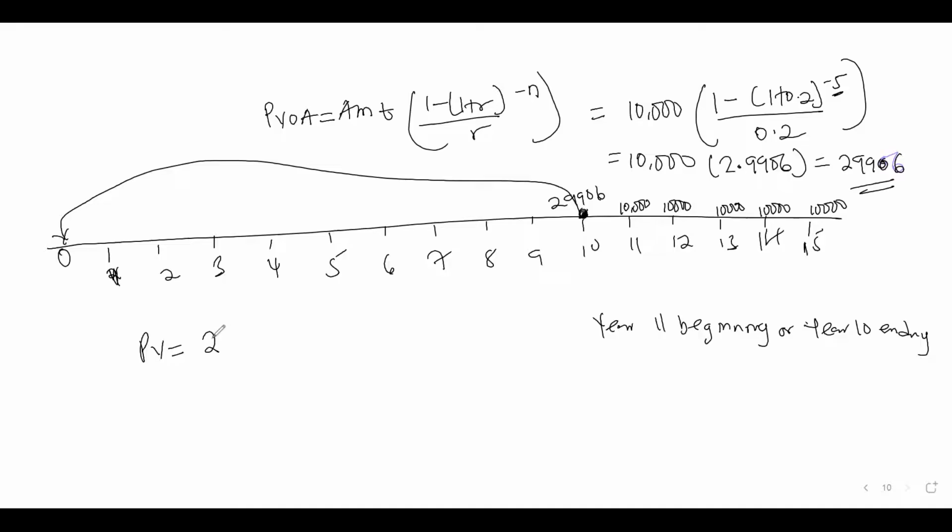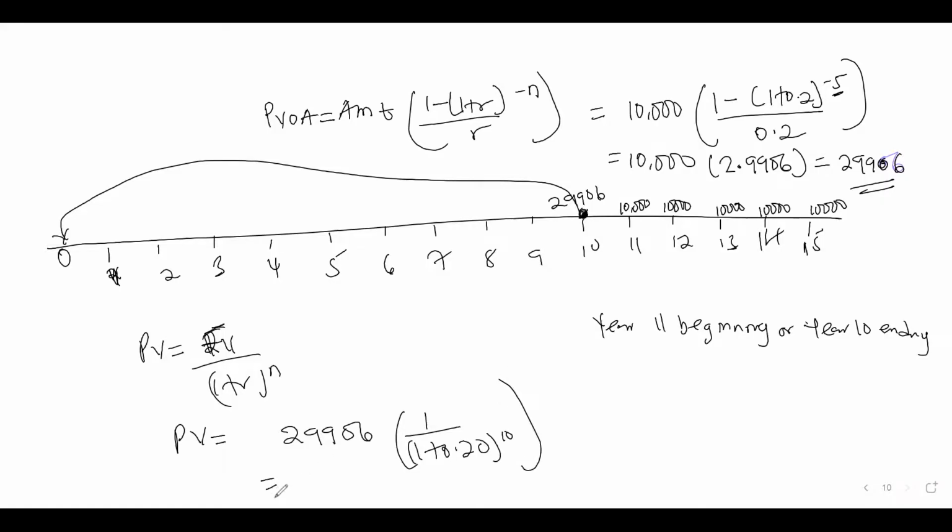So the present value is the future value over 1 plus r raised to the power n. The present value will be 29906 times 1 over 1 plus 0.20 for 10 years. You can just read the present value interest factor, not the annuity one, for 20%, 10 years. If you don't want to read, you can just punch your calculator.